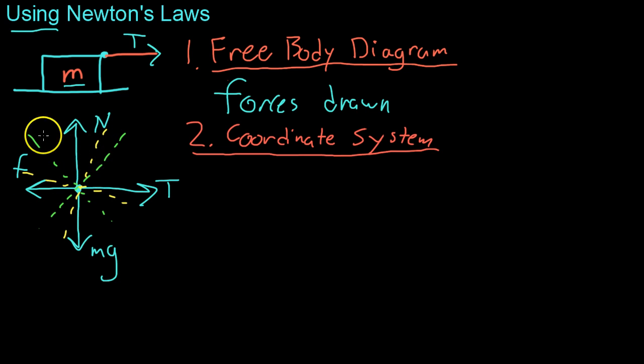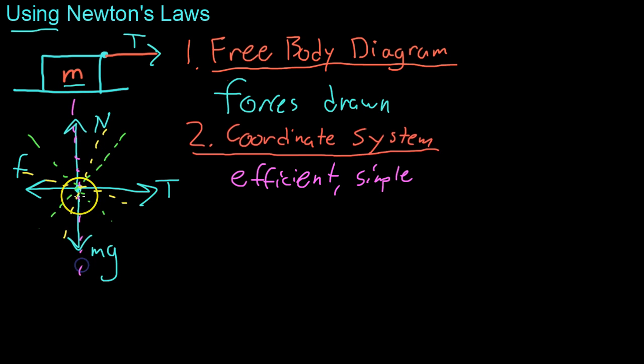But it should be noted that picking your coordinate system is about being efficient and keeping things simple. So if a lot of the forces are at right angles to one another, you may want to pick the coordinate system that lines up with the forces. In this case we'd use this purple coordinate system, because then you don't have to deal with these various angles that the forces correspond to relative to the coordinate system.